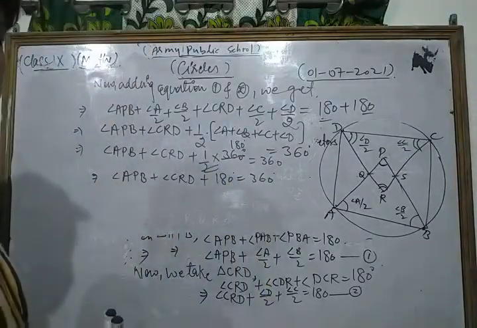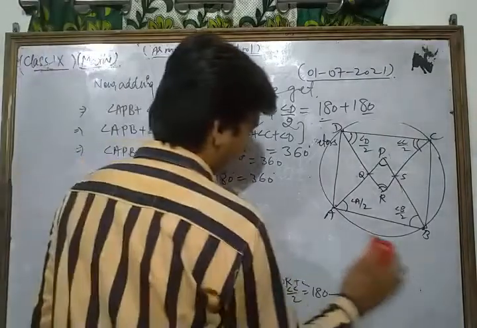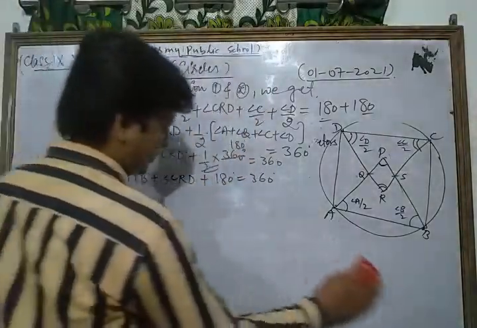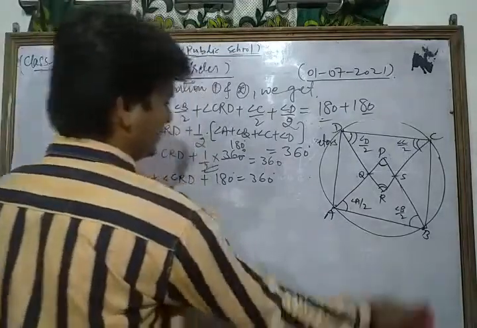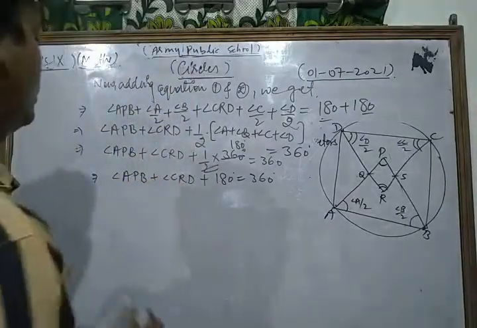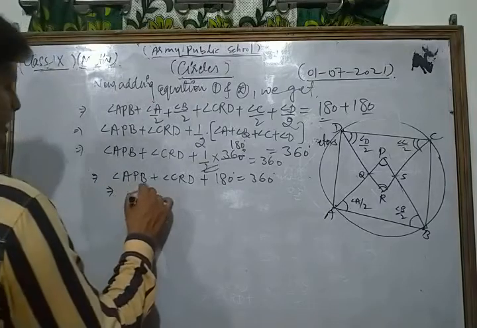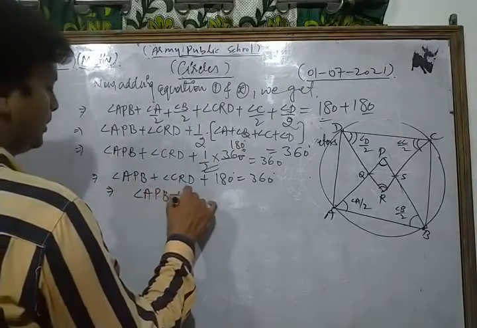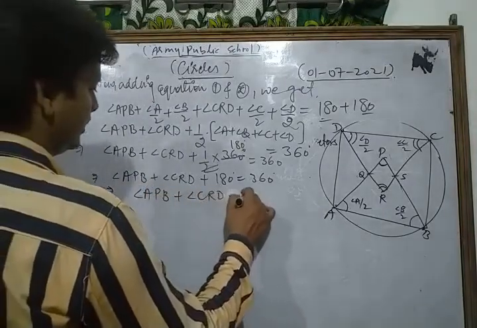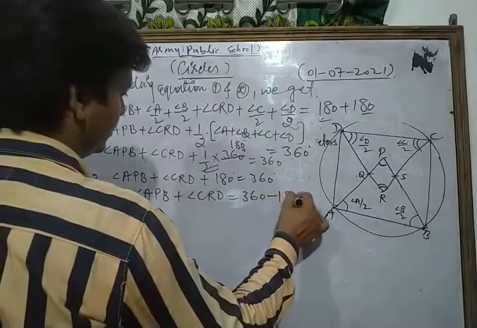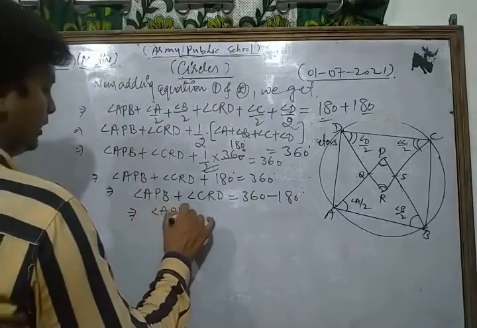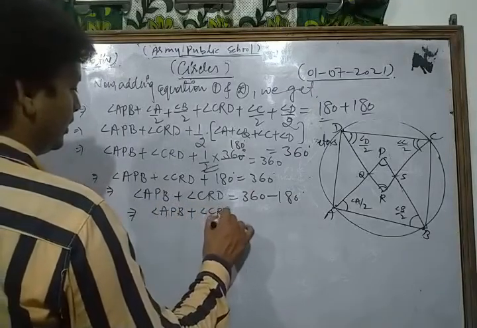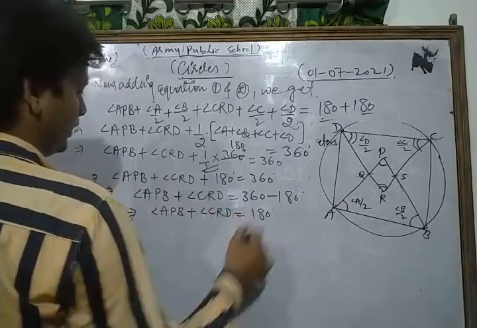Now we get angle APB plus angle CRD is equal to 360 minus 180. So angle APB plus angle CRD is equal to 180.